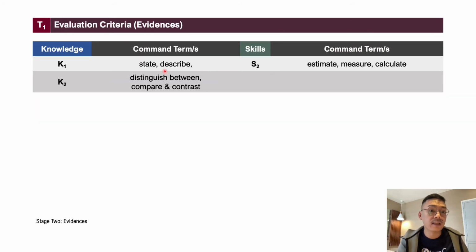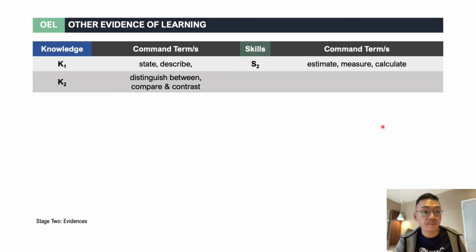The command terms will be state, describe, distinguish, compare and contrast, estimate, measure, calculate, and they are not just the basic or conventional rote memorization process in this evaluation criteria. How do we evaluate or assess the learning process of our students?